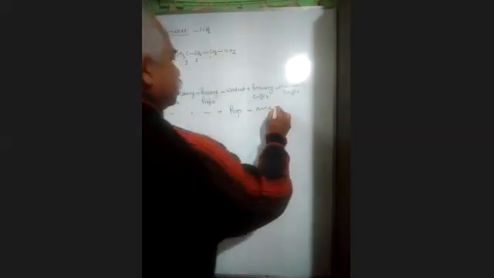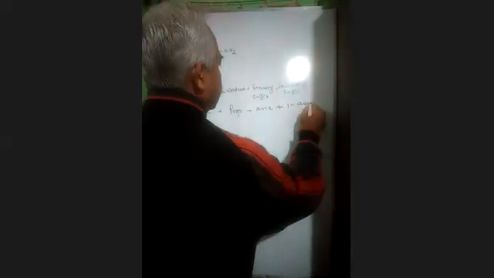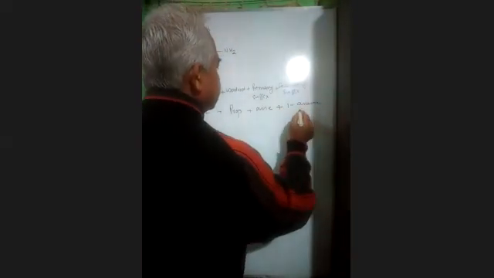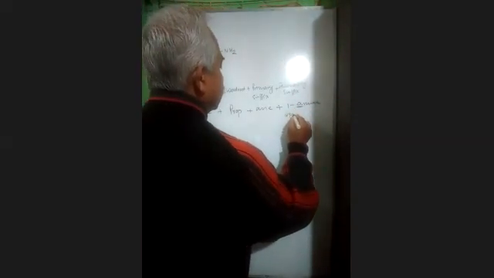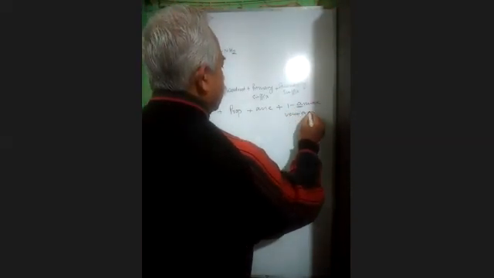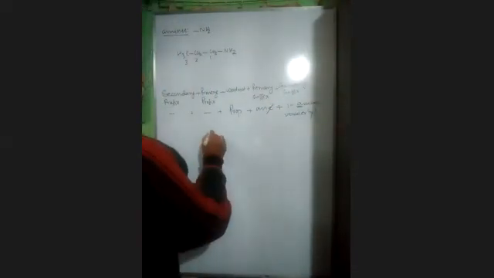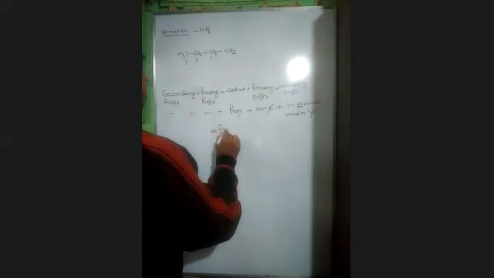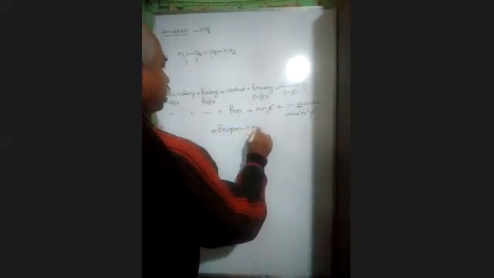So 1, 2, 3. So we'll write now here 1-ol. Now the rule says if the secondary suffix starts with a vowel or Y, then this E has to be dropped. So the name is propan-1-ol.